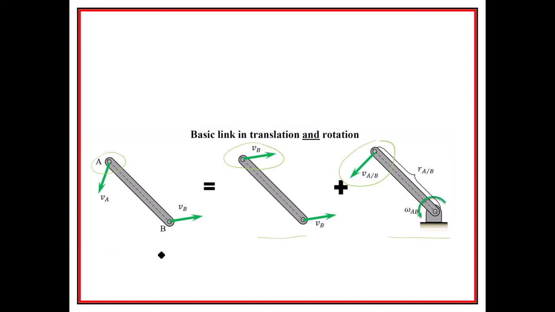So these three diagrams are represented by the velocity of A is equal to the velocity of B, because we're using that point at the top, plus the velocity of B with respect to A, right? And so that's the general equation here.